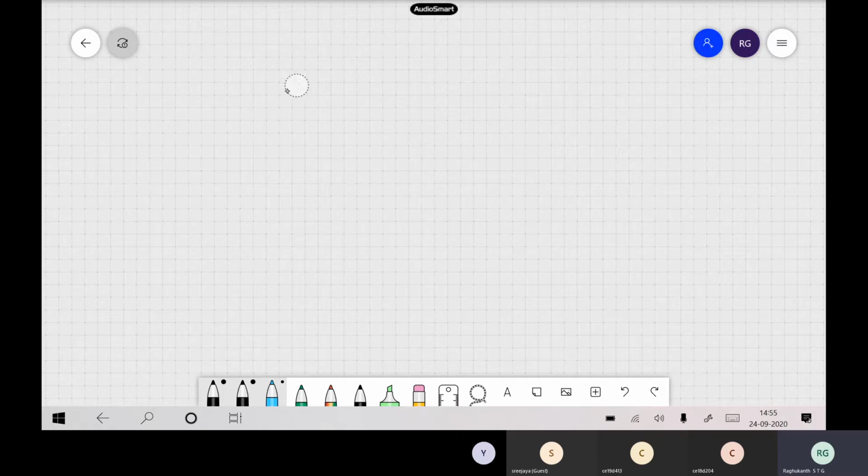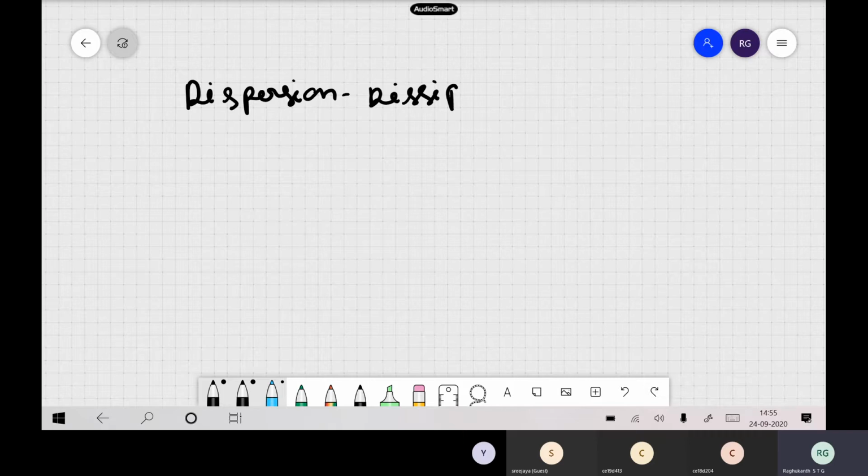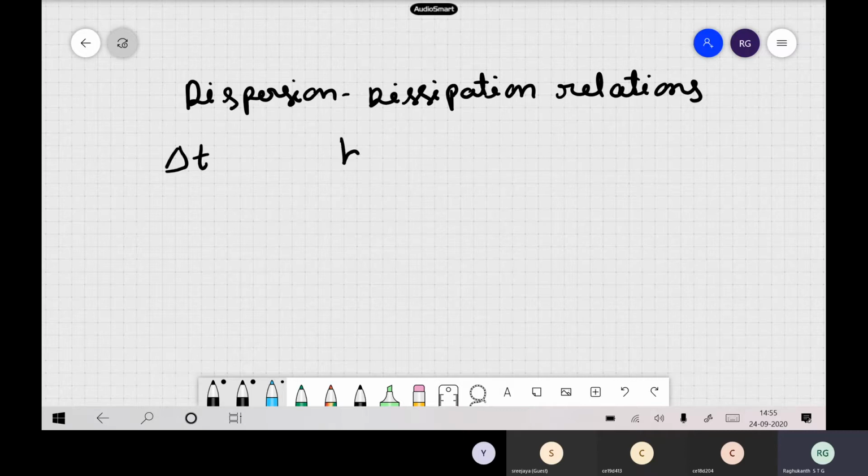So we have started dispersion and dissipation. There are two things. Dissipation is with respect to time and dispersion with respect to space, and we call them H and delta.